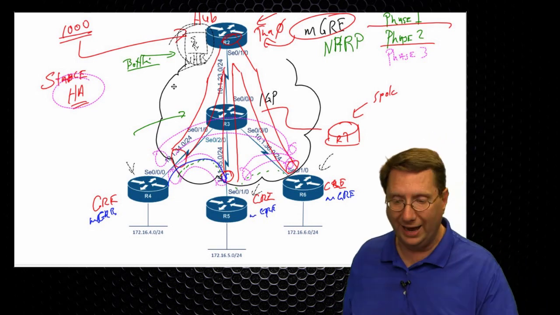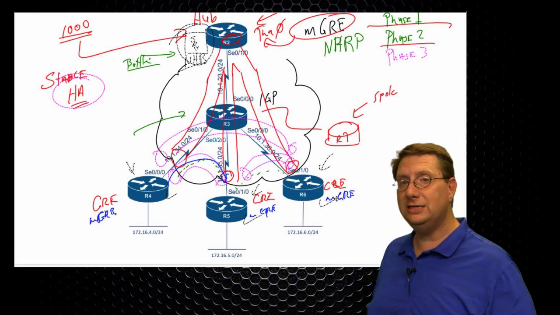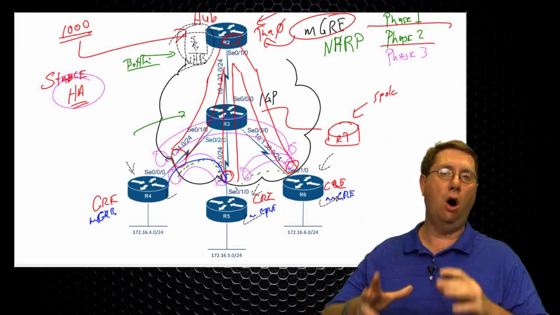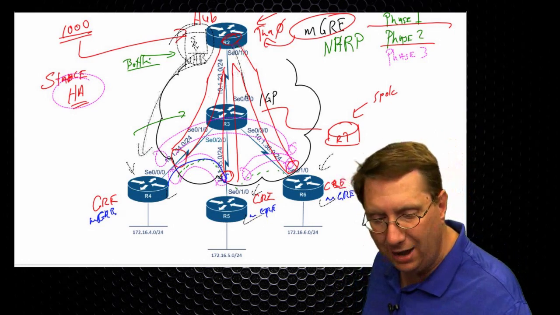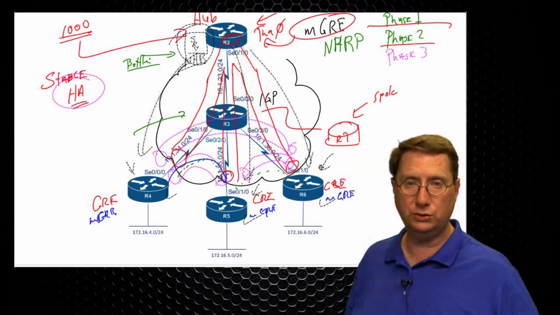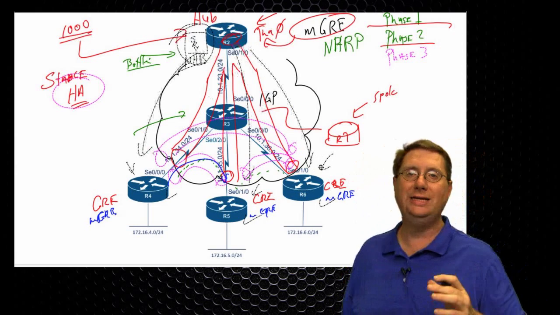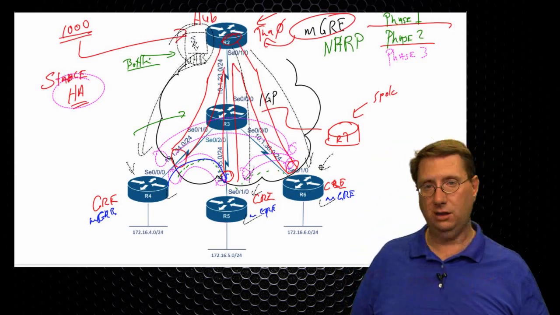Now, once every device, R4, R5, and R6, has been added to this topology, what we're going to find is that the hub now knows all of the information, and it's going to communicate that information back down to each of the spokes, so that the spokes now will have the capability of identifying how to reach each other within the service provider cloud.